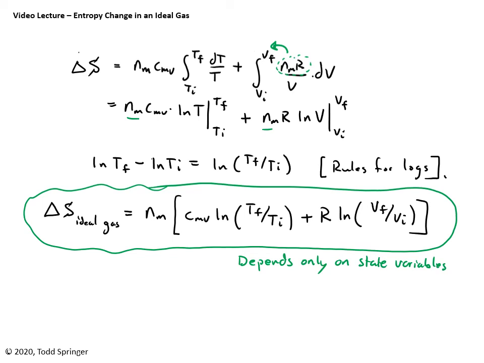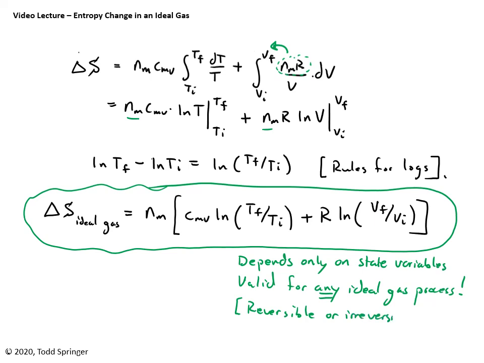So this is valid for any ideal gas process. It doesn't have to be reversible; it could be reversible or irreversible. So if you're ever trying to calculate the entropy change of an ideal gas, you should go to this formula because this one is true for an ideal gas.